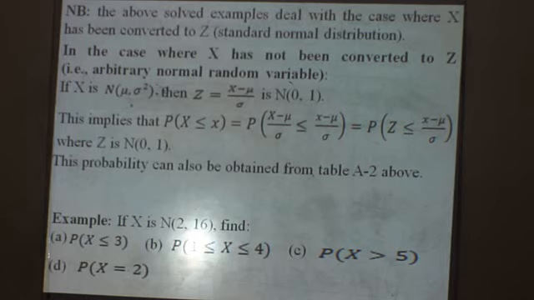At times you will be dealing with a random variable X. In that case, the way to solve it is different. We were lucky that the random variable X had already been converted to Z, so we didn't have much problem.